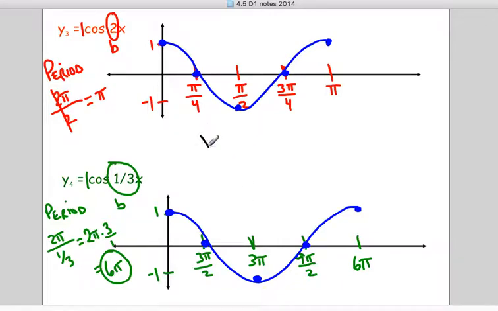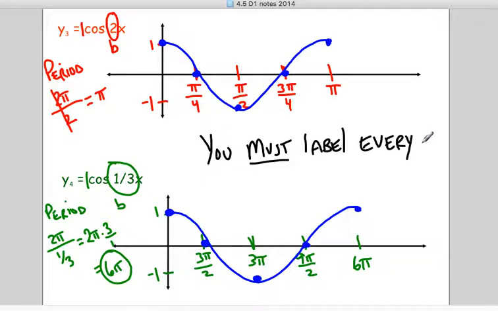You must label every tick mark. Even on the y-axis, you have to label 1, -1. You can't just make a tick mark and have me assume it's going to be 1. I'm not going to assume anything. You've got to label every single tick mark.